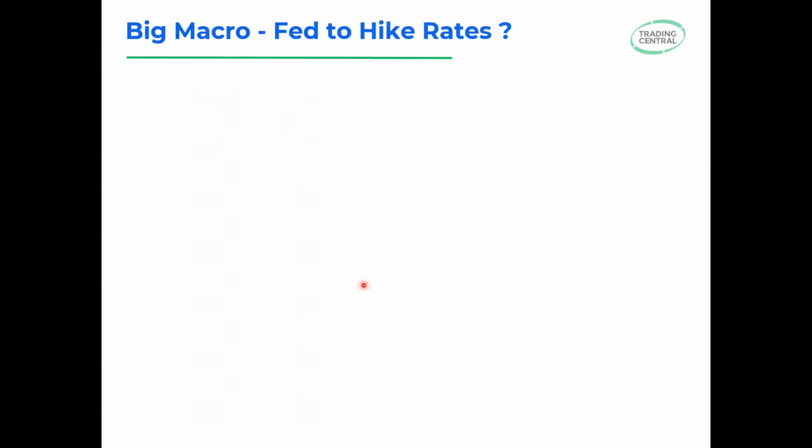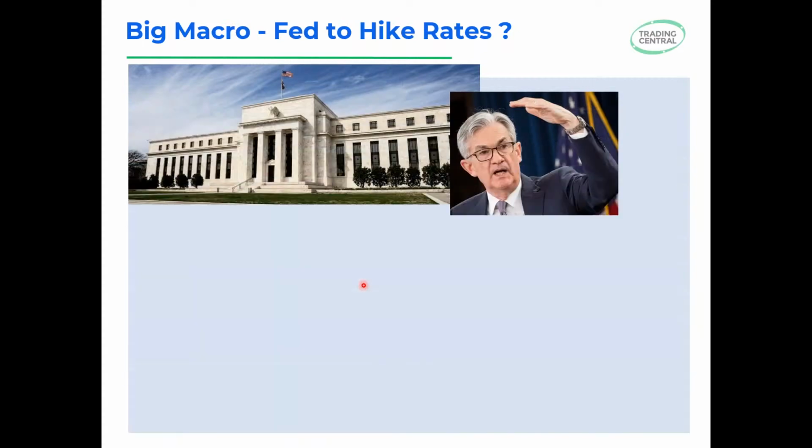Now, you know that for every webinar, I would like to show you what is happening in the macroeconomic scenario. Currently, the biggest macro parameter you are going to take into consideration is this one, okay? Is the US Federal Reserve going to increase interest rates?